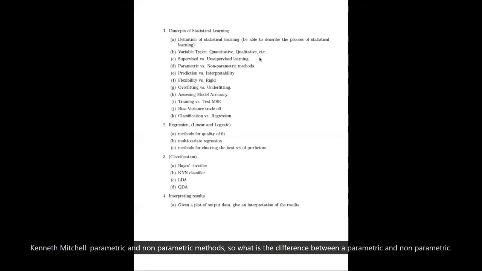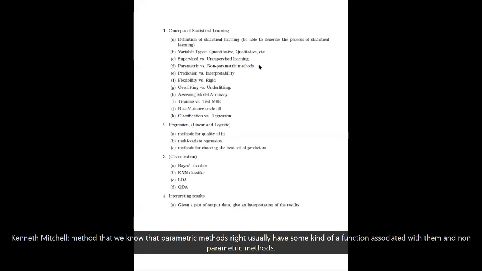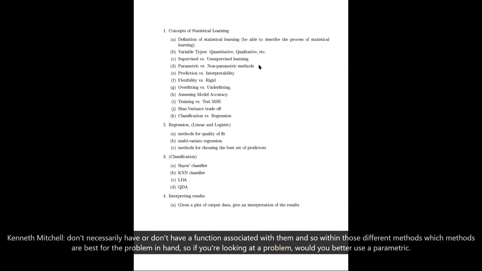Parametric and non-parametric methods. So what is the difference between a parametric and a non-parametric method? We know that parametric methods usually have some kind of a function associated with them, and non-parametric methods don't necessarily have a function associated with them. And so within those different methods, which are best for the problem at hand?